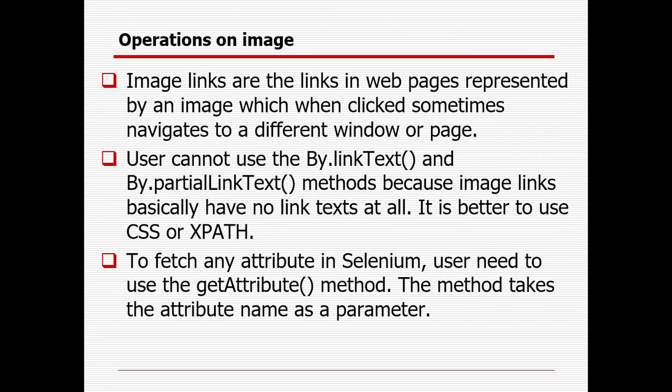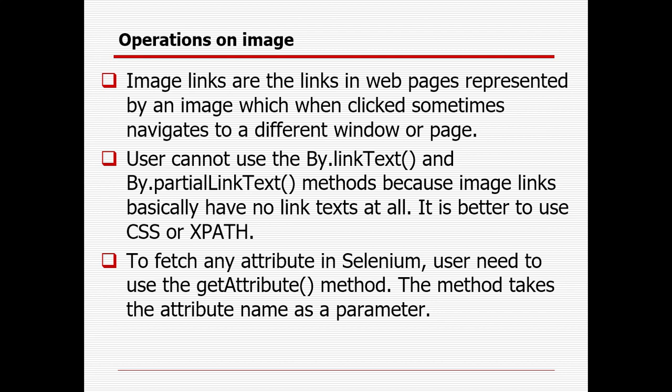In the first session you already saw what different operations we can perform on the web edit box. Similarly, in the web edit box you can get the attribute values of different kinds of properties. Images also, sometimes there can be multiple images on the web page, and sometimes images are fixed, you cannot do anything, you can just get the property.